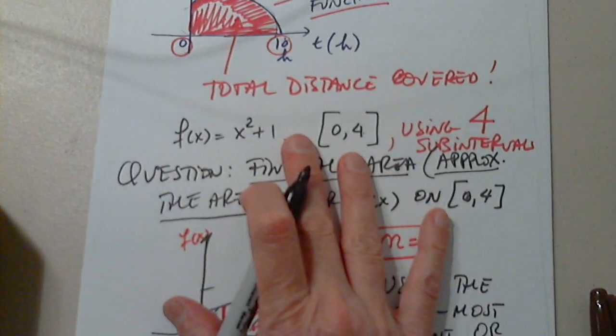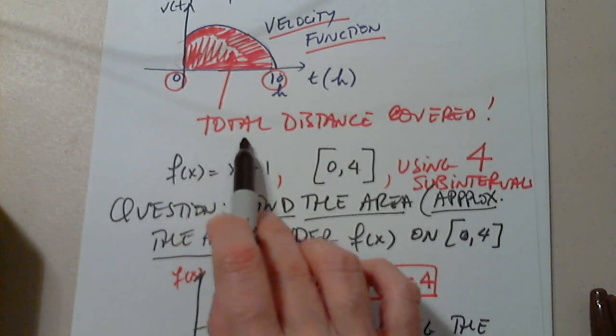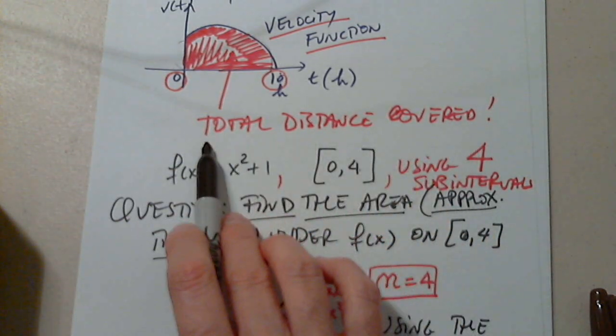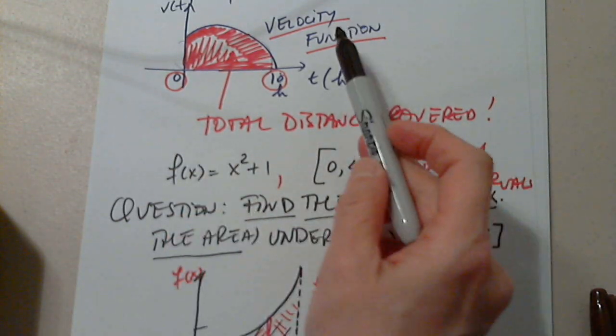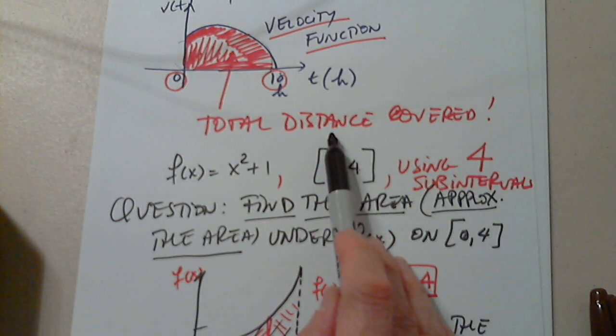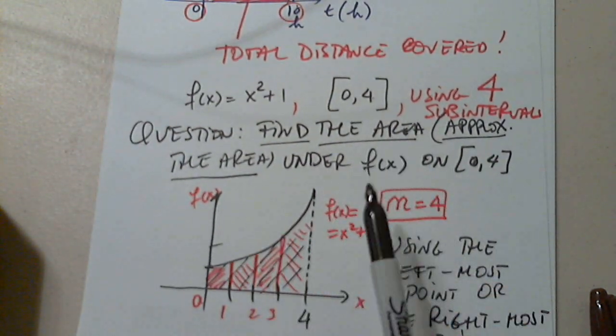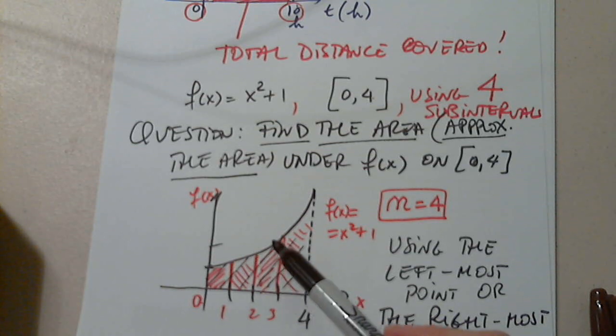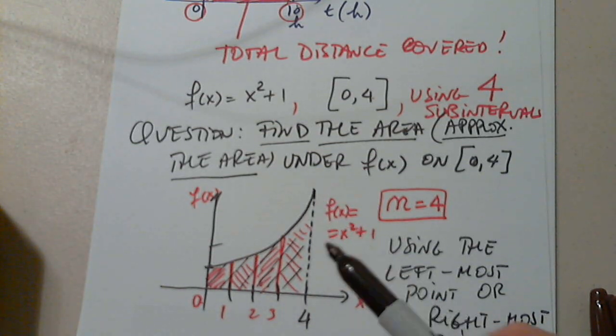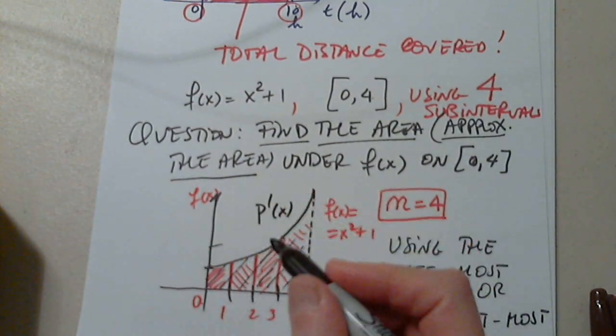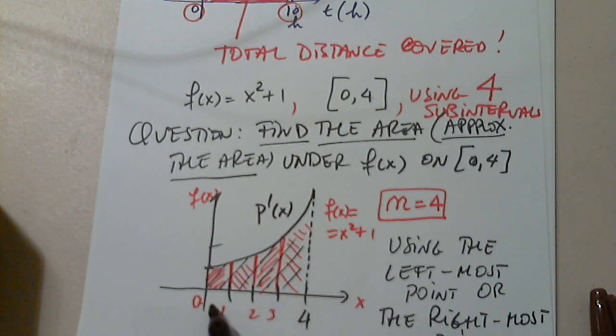Again, what are we trying to do? We're trying to find the total of something. If this is velocity, I'm finding the total distance. If this is the rate of change of profit, for example, p prime of x, finding the total area will give us the total profit.